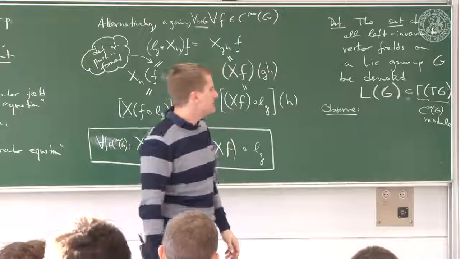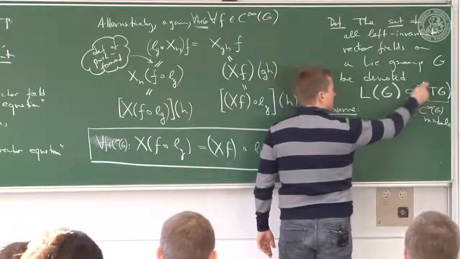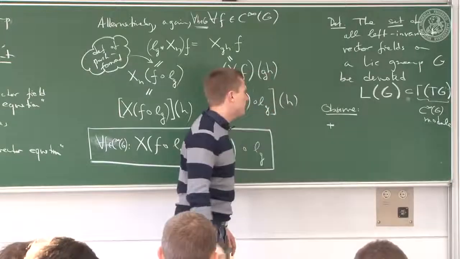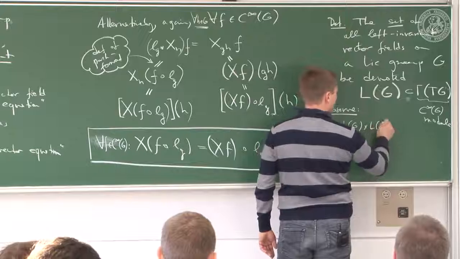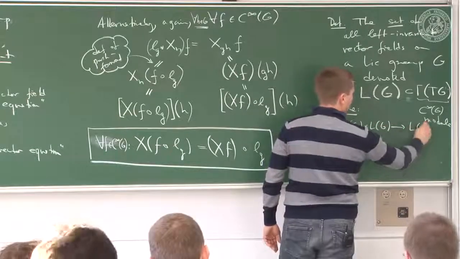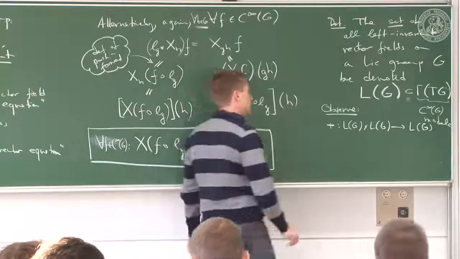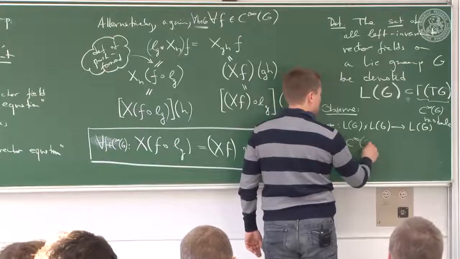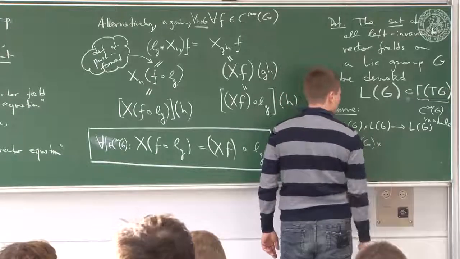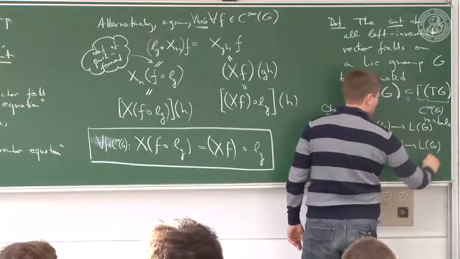How do we check this? Well, we have to check that the addition that you can have on vector fields, if you restrict it to LG, stays in LG, so that LG is closed under addition, and you have to check whether LG is closed under C infinity multiplication.